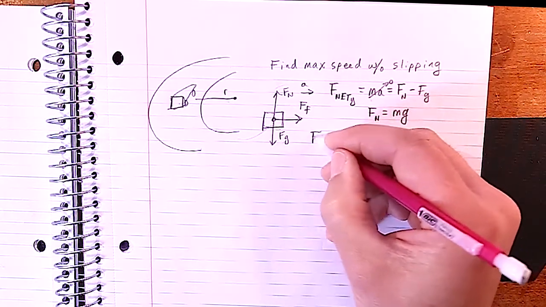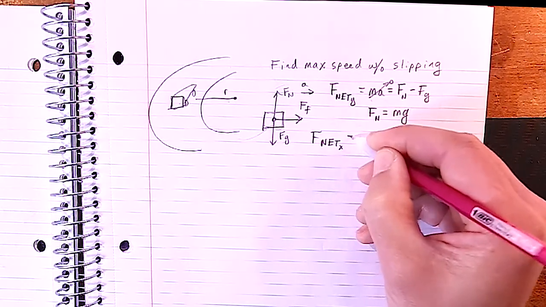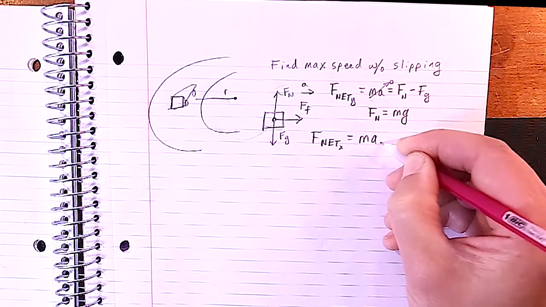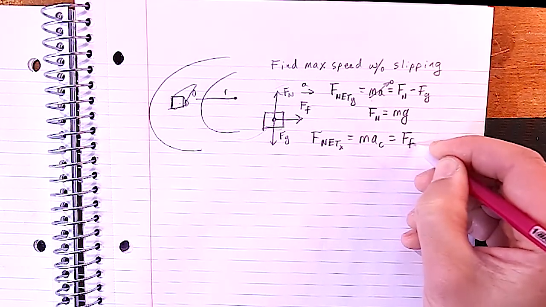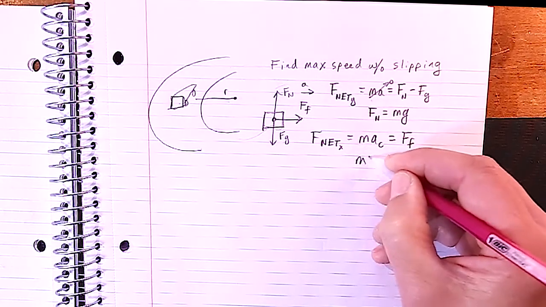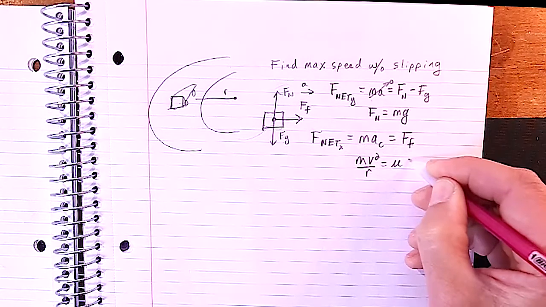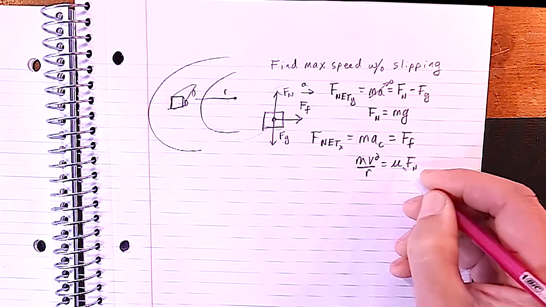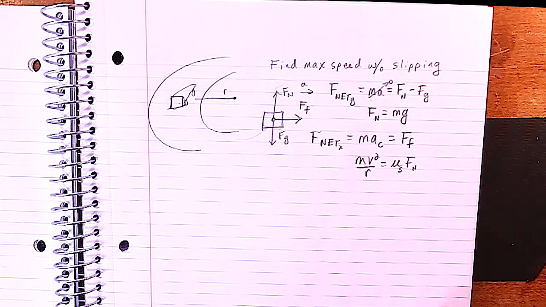Now in the x-plane, we have acceleration. So we have F net x equals m a_c in this case, and that's just going to be the force of friction. So we know that a_c is v squared over r, and force of friction is mu Fn, and it's not slipping or sliding, so it's static friction.